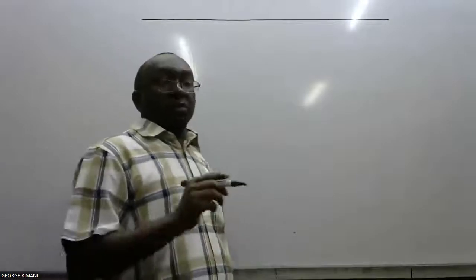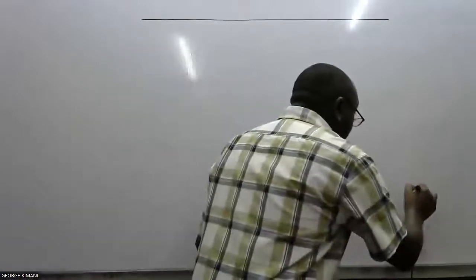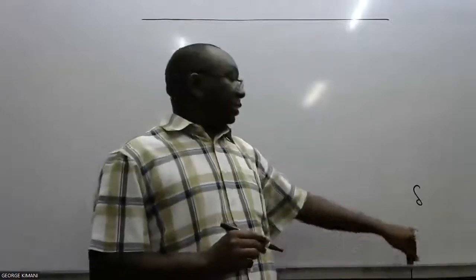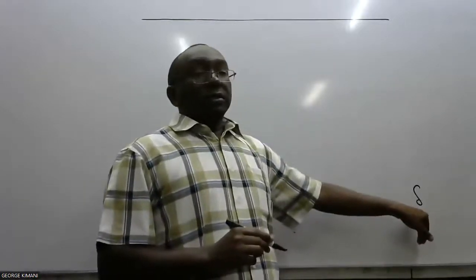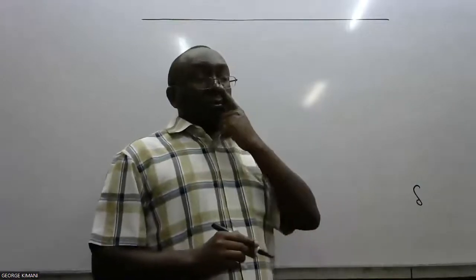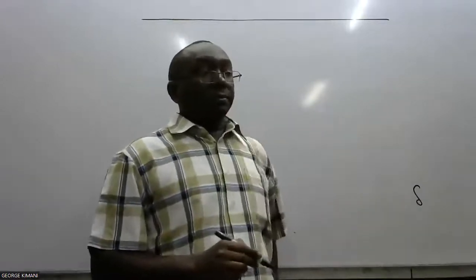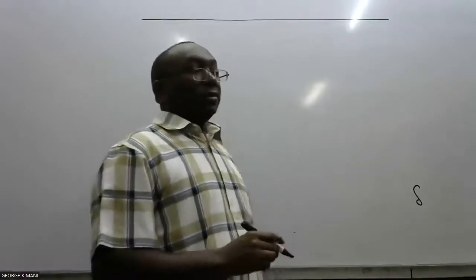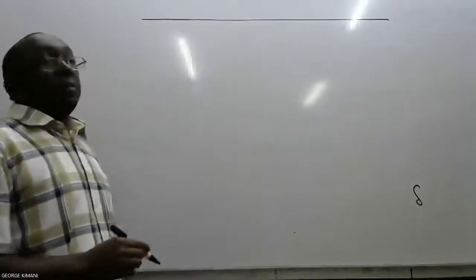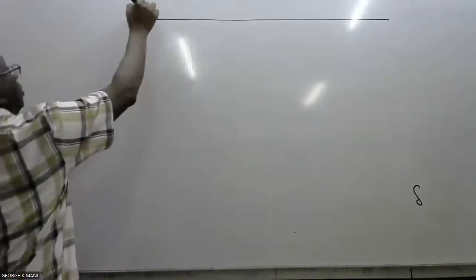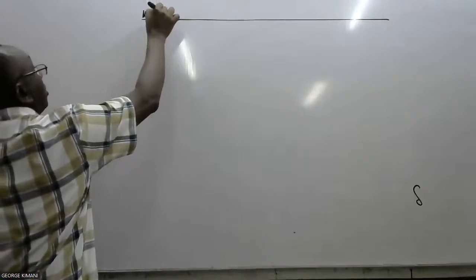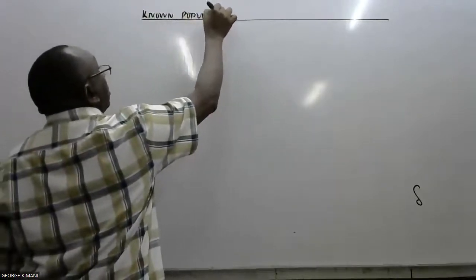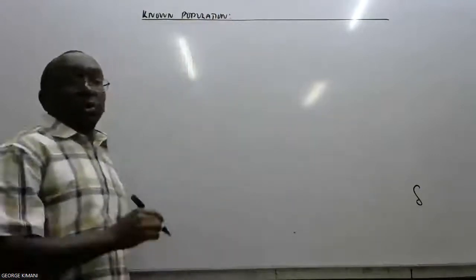A population is said to be known if you can see the sigma. So are you able to see it? Is it there? Yes. So that is a known population.